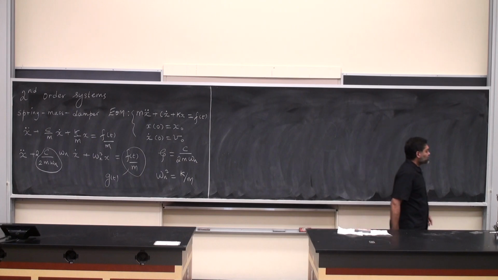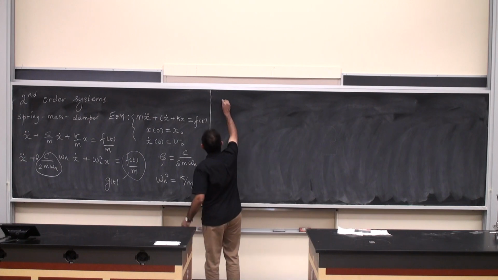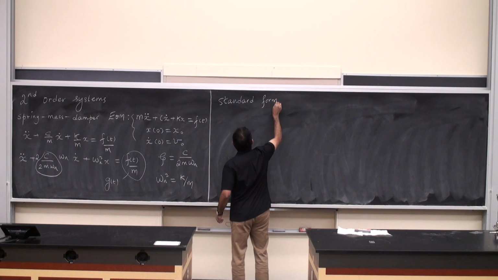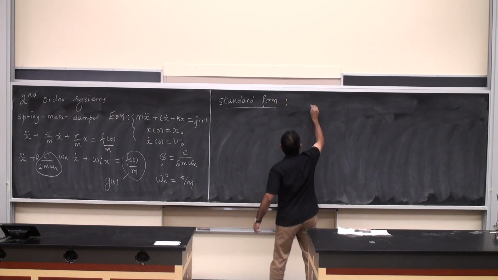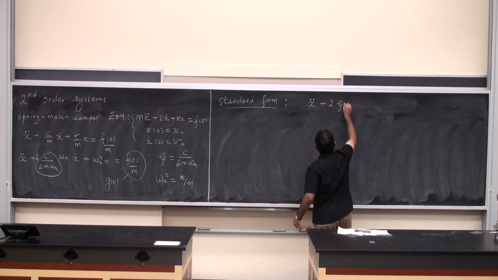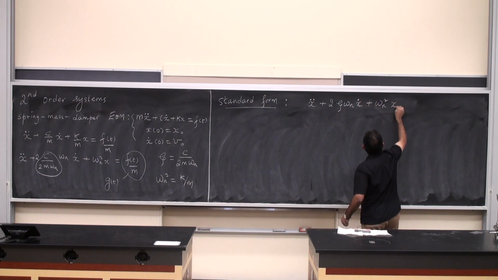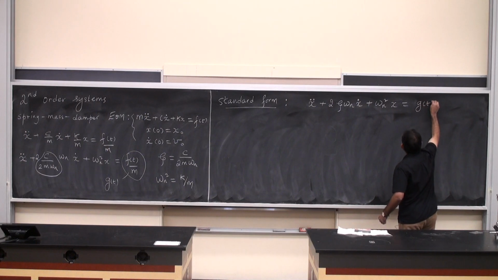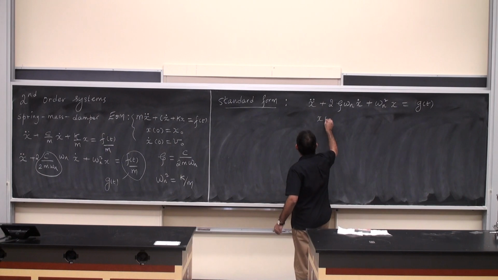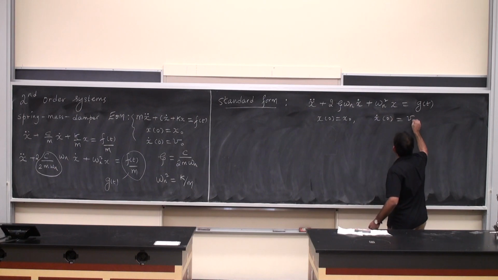And so we said that we have the standard second order system as the following: x double dot + 2 zeta omega n x dot + omega n square x is some function of time on the right hand side, and then I have the initial conditions. X of 0 is x naught, x dot of 0 is v naught.